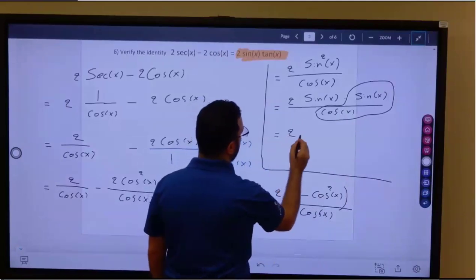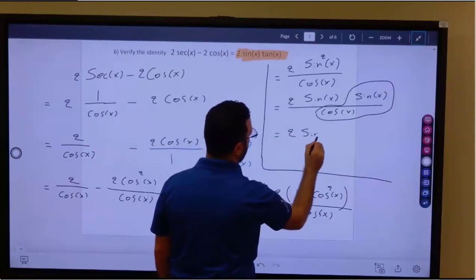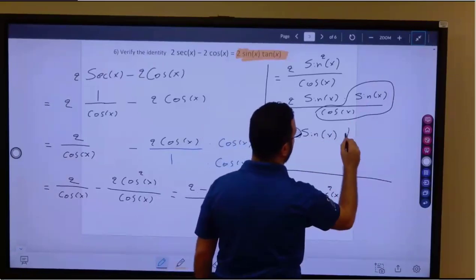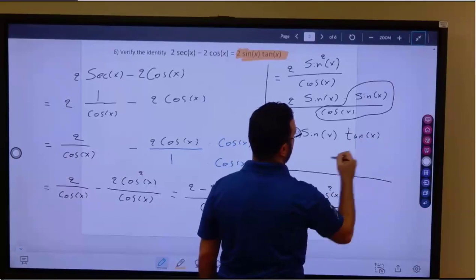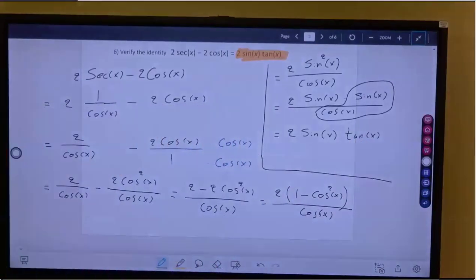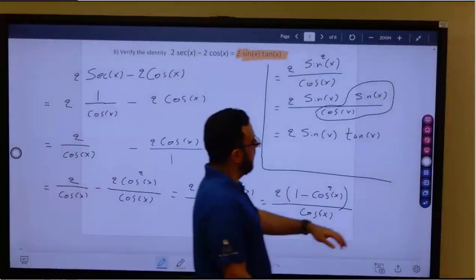So the left is 2 sine x, and the whole thing here is tangent x. That's what we have. That's the problem.